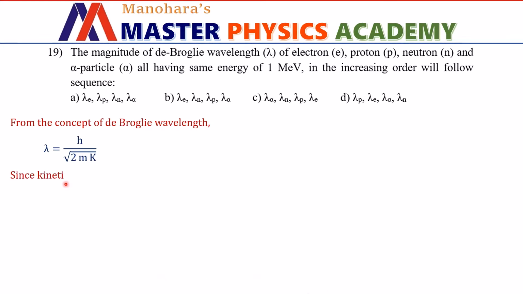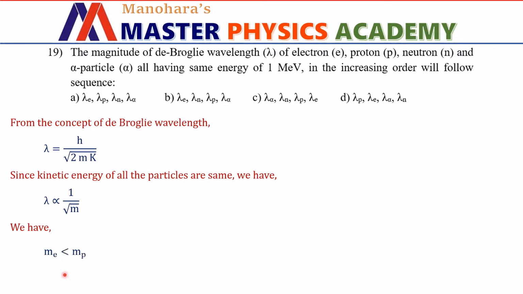Here it is given that the kinetic energy of all the particles is the same. Hence, wavelength is inversely proportional to the square root of the mass of the particle. More mass means less wavelength. We also know that the mass of electron is less than the mass of proton, which is less than the mass of neutron, which is less than the mass of alpha particle.